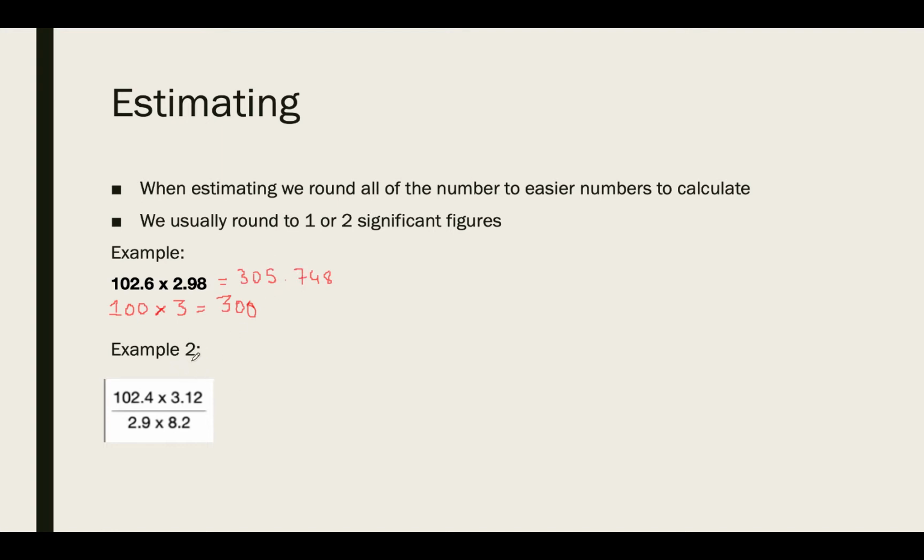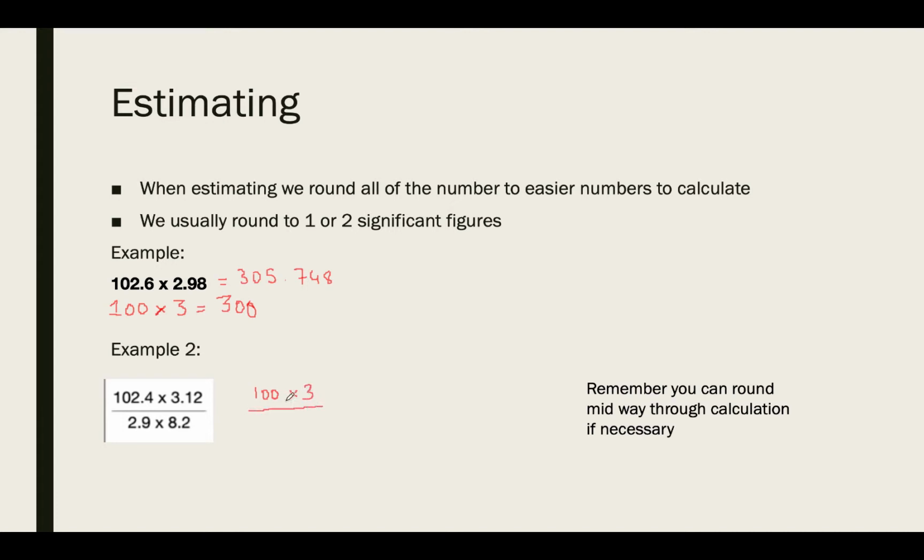So if I have a look at the second example, this is where we're going to have to remember our tip. We can round midway through calculation if necessary. So we'll start off with the top part, so we'll round these all to one significant figure. So we've got 102.4, which would just be 100. We've got 3.12, which to one significant figure is 3.